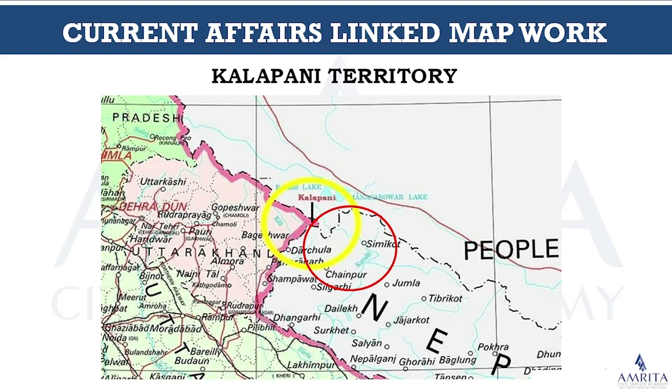Actually, it is a disputed area between India and Nepal. You can see Kalapani territory here, shown at the tip of Uttarakhand, the northeastern part of Uttarakhand. That is the disputed region.